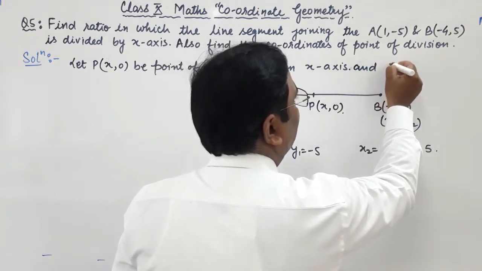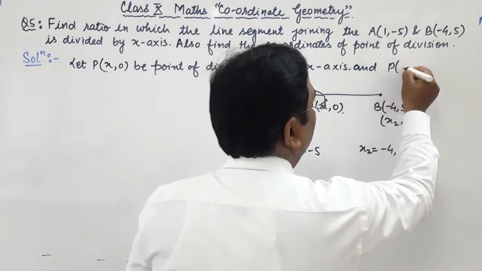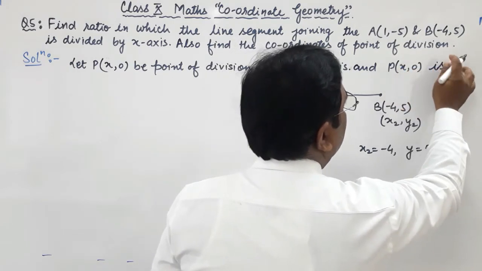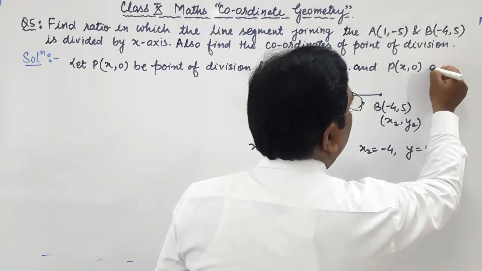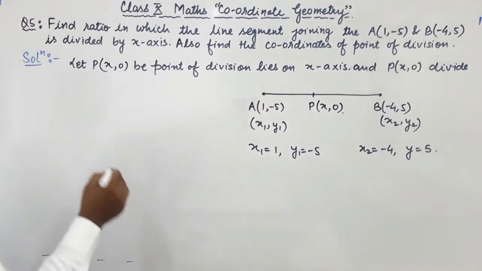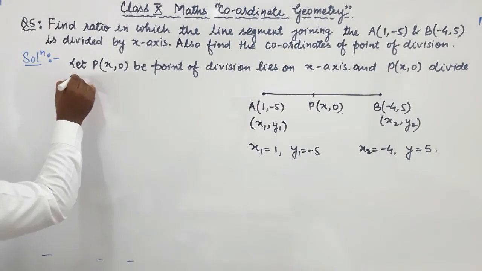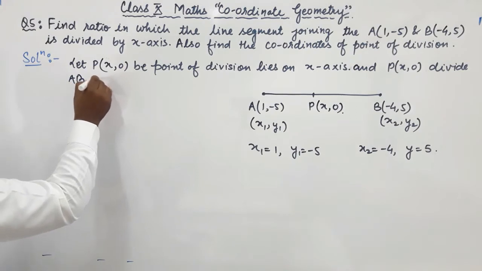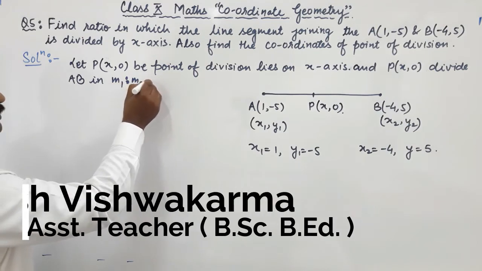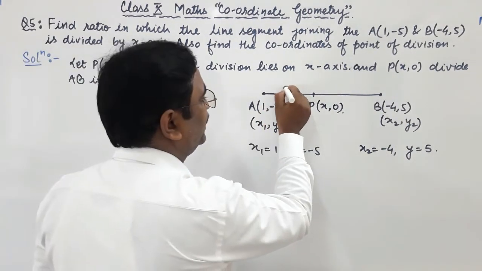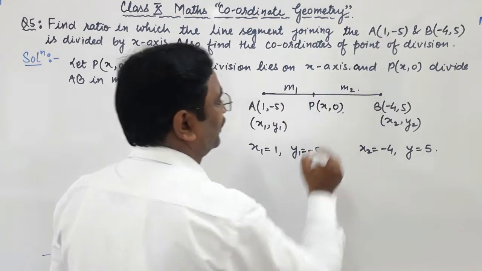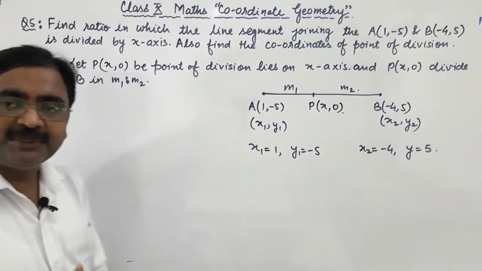This means AP is M1 and PB is M2. This ratio we are going to find out.